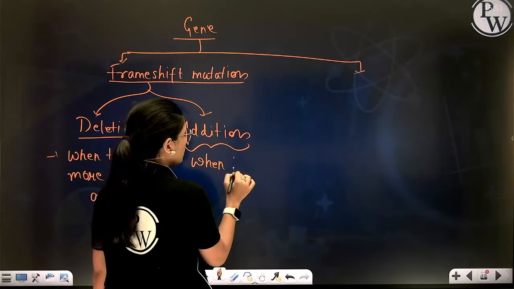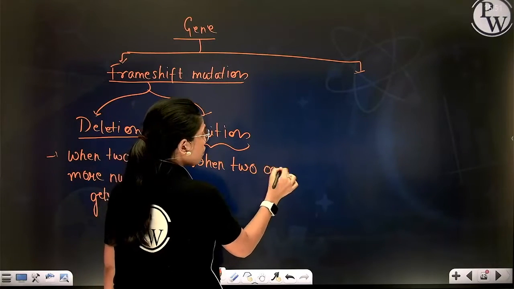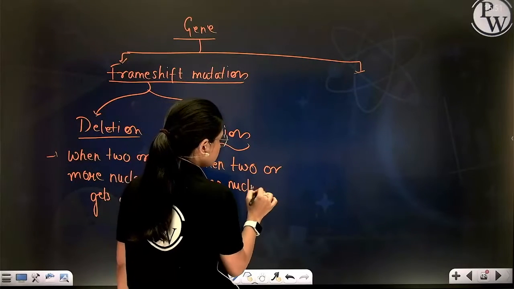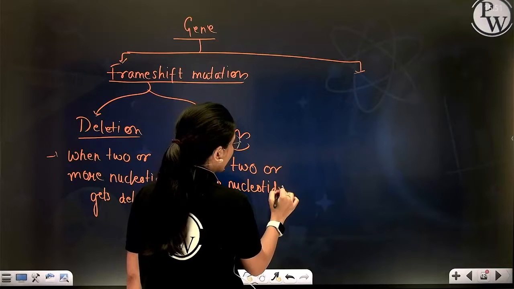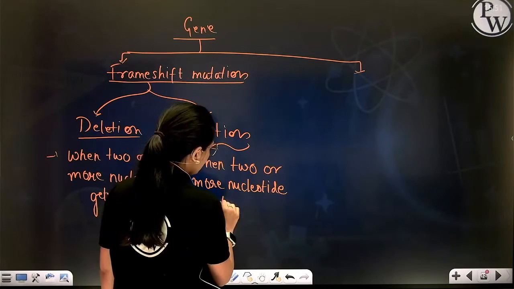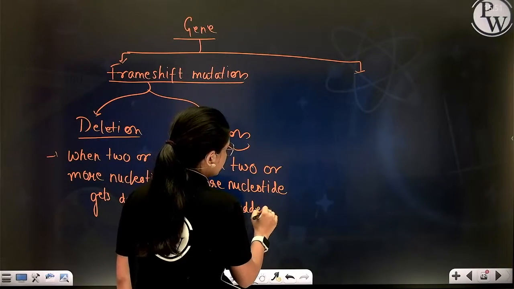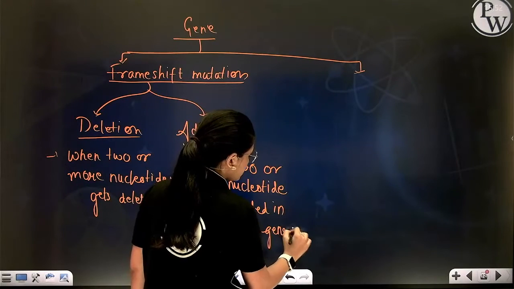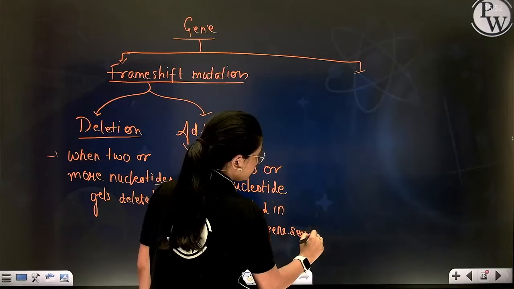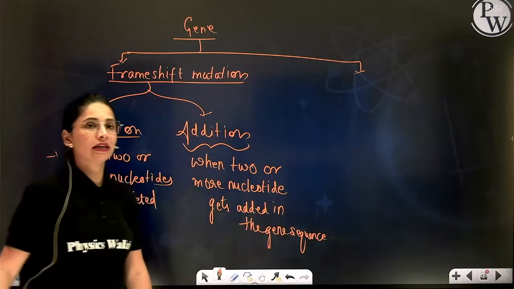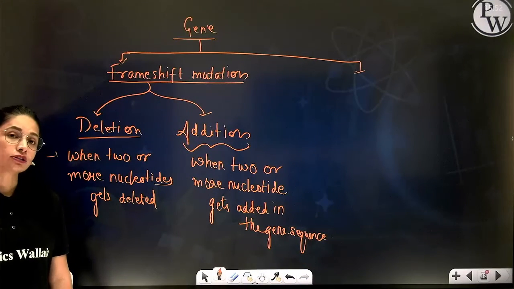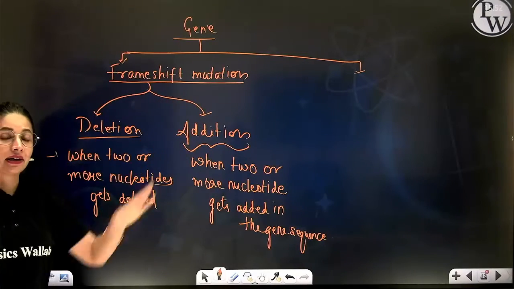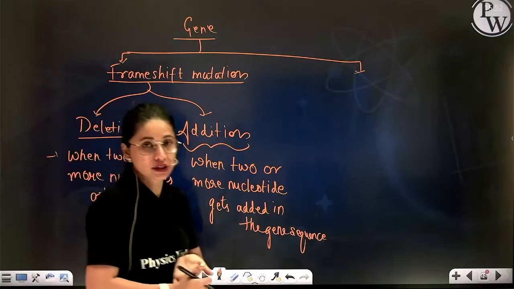When two or more nucleotides get added in the gene sequence, bringing mutation. Clear? Yes or no? This is about the two types of gene mutation under the heading frame shift mutation.